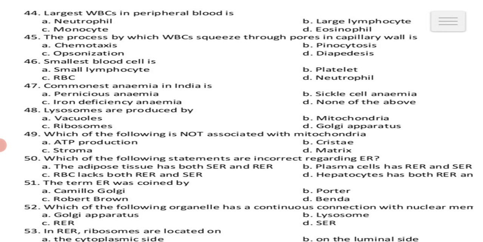Option A, it is associated with ATP production. Mitochondria, through the electron transport chain, produce ATP by respiration. Cristae are foldings of the inner mitochondrial membrane.